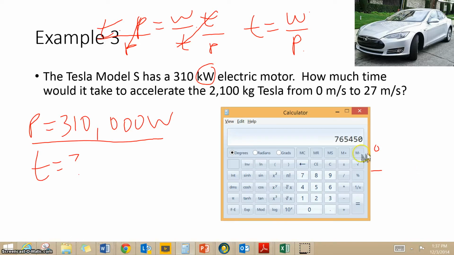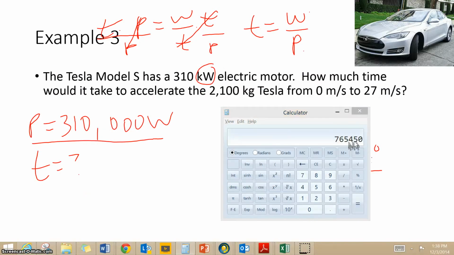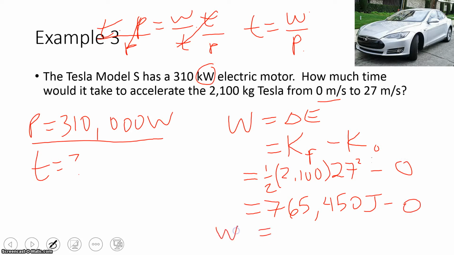Wow, okay. 765,450 joules minus the original kinetic energy, which is 0 because it's starting from a velocity of 0. So the work done is 765,450 joules. Great.